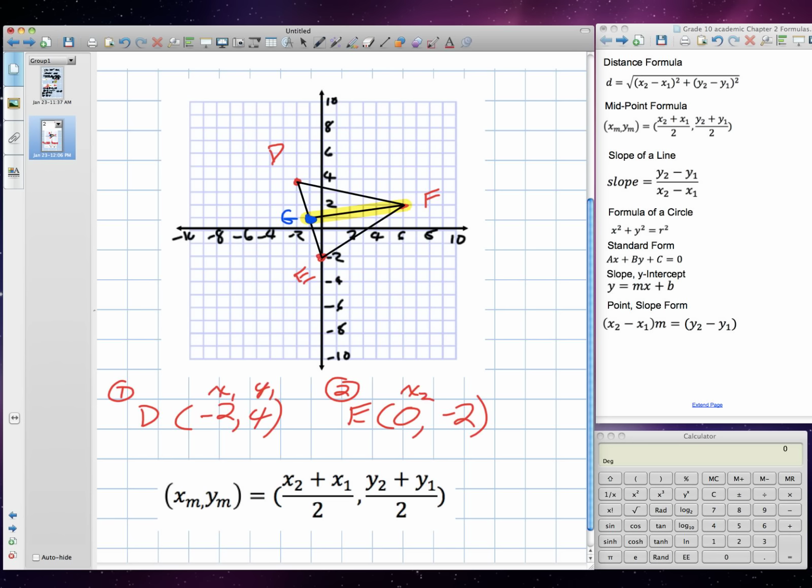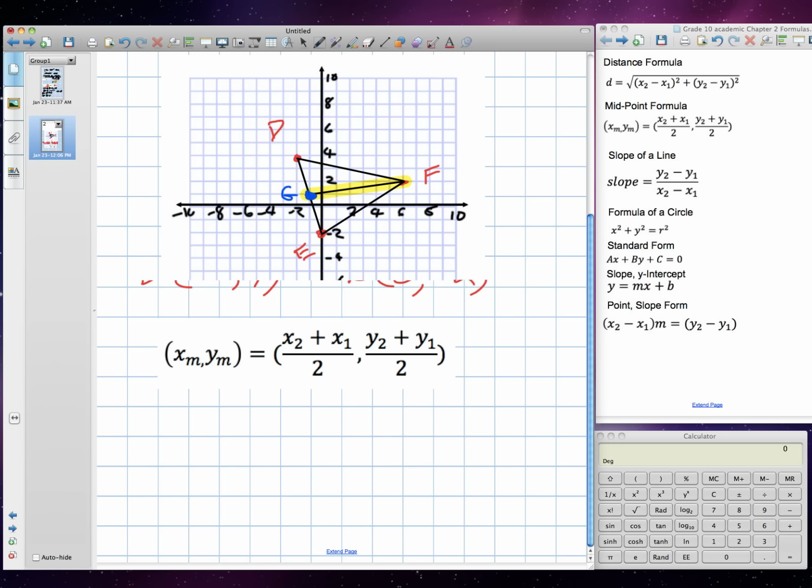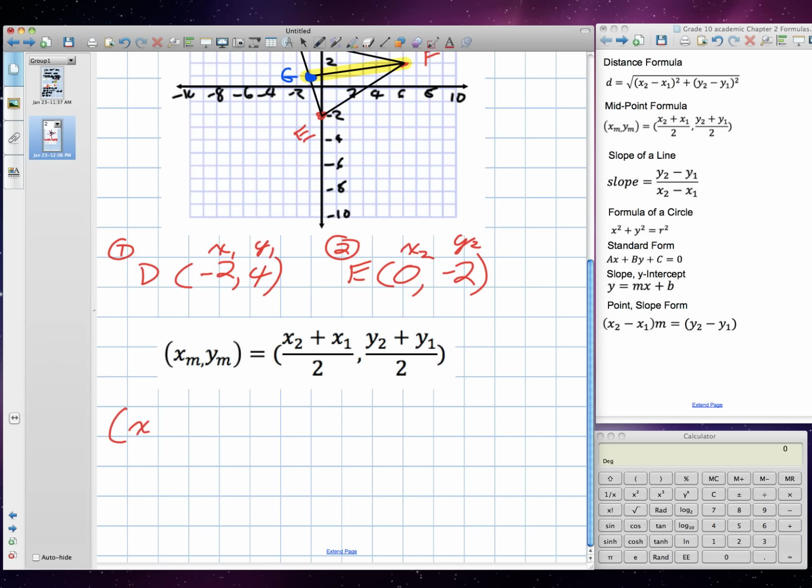So this becomes x1 and y1, x2 and y2. To find this midpoint, xm and ym is equal to, I guess we'll do the rest in black here. x2 is 0 plus x1, which is -2, divided by 2. Now this is a comma. We're not combining these two formulas. These are actually two separate formulas, each of them solving for the corresponding point. So this solves for the x point of the midpoint.